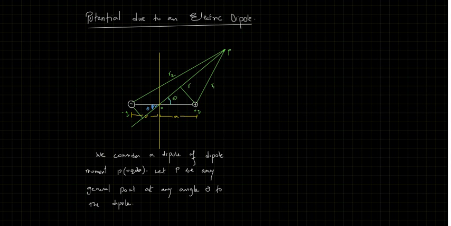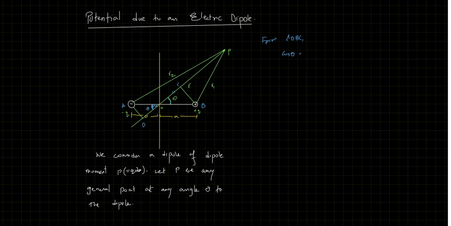So if this distance is A and this is theta, how much is this distance? I need to know how I can write R1 and R2. So let me name this point as O. Let this be A, let this point be B, let this be C, and this is D. As you can see from triangle OBC, I can write cos theta equals base by hypotenuse.